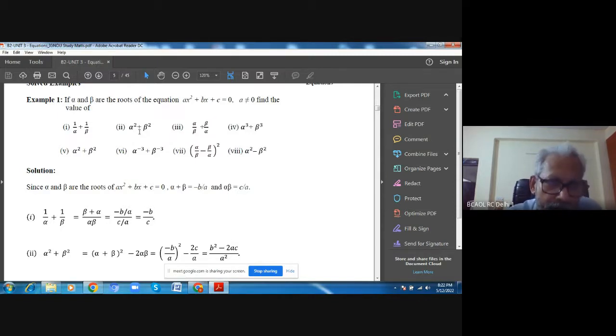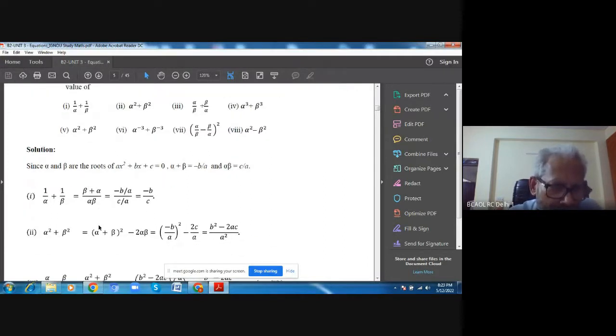Now, second question, same equation, ax square plus bx plus c is equal to 0, alpha square plus beta square. Find the value. So, second case, you see what happened? Very simple. Alpha square plus beta square is the sum of squares. So, a plus b whole square minus 2 alpha beta. That is the formula.